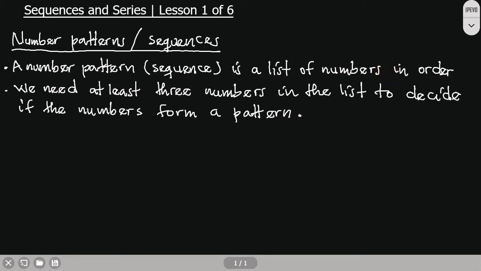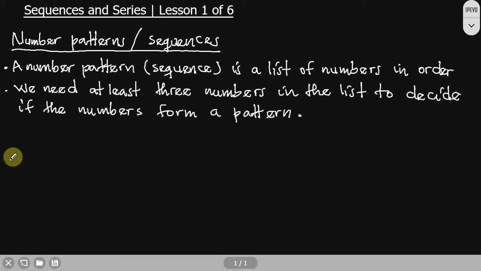So it is a list of numbers having a certain behavior, if I can put it that way. We need at least 3 numbers in the list to decide if the numbers form a pattern. A pattern is a list of numbers in a certain order, having a certain rule.